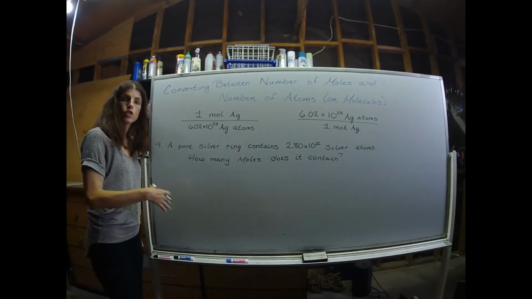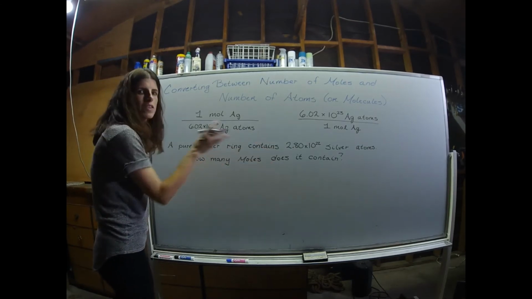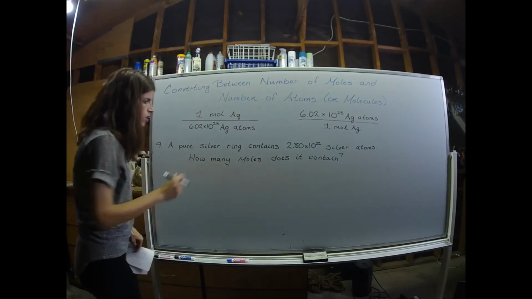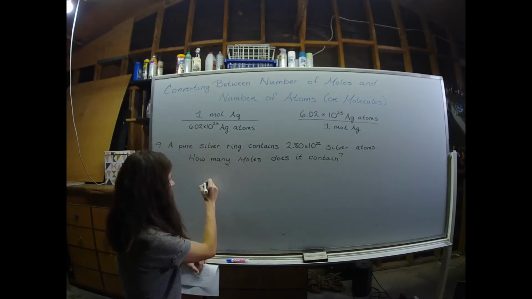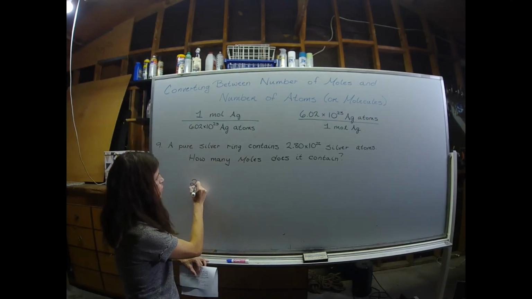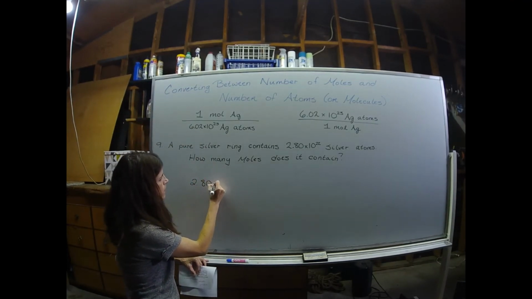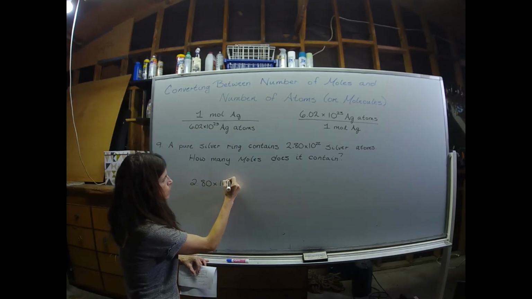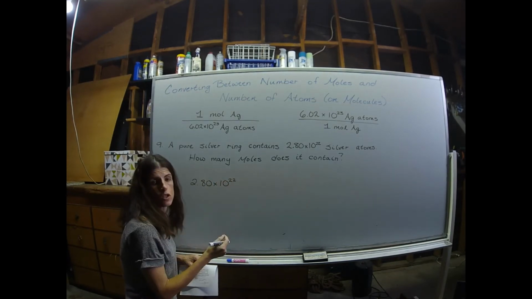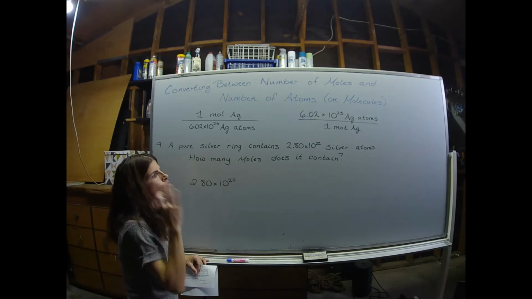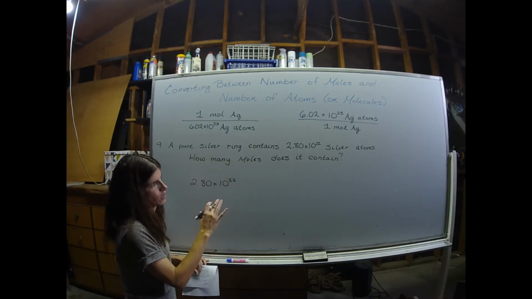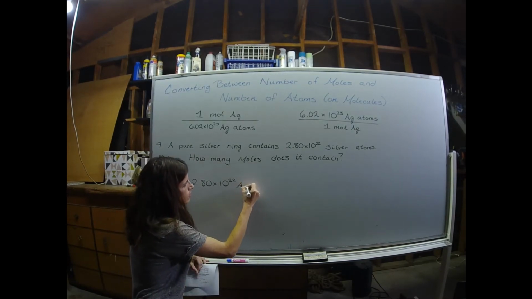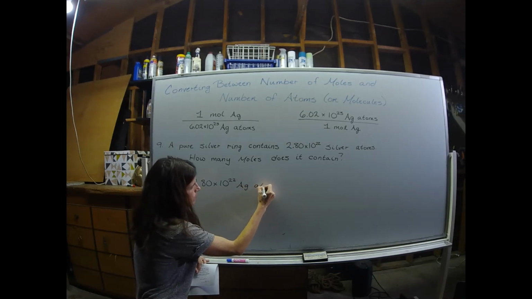Just like with our measurement conversion problems, we're going to start with the standalone value. So I'm going to write 2.80 times 10 to the 22nd. Make sure to include units. Units are critical when we're doing stoichiometry. So silver atoms.